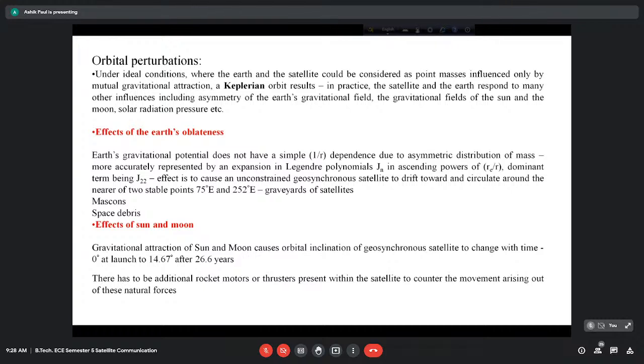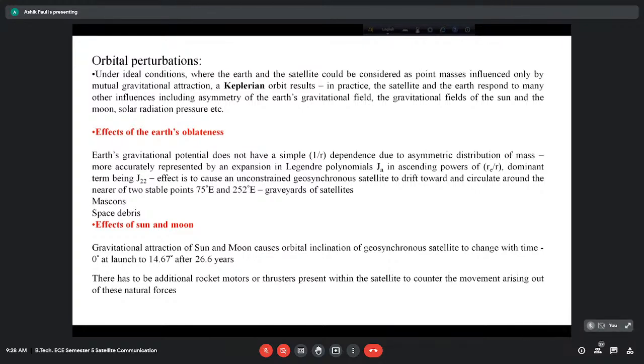In Kepler's laws of motion, we assume theoretically that the Earth and the satellite are essentially point masses, or perfect spheres whose center of mass could be identified at the center. So the real situation is not like that. The Earth is a kind of an oblate spheroid.